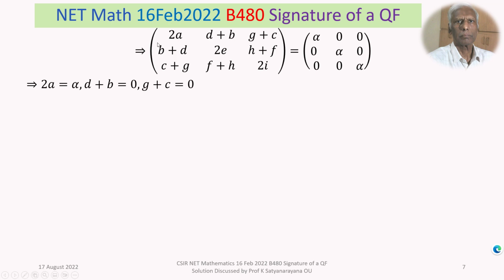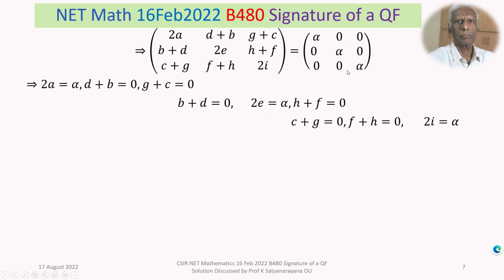So this will imply 2a is equal to alpha, d plus b is equal to 0, g plus c is equal to 0. That is first equating the entries of the first row. Second row: b plus d is equal to 0, 2e is equal to alpha, h plus f is equal to 0. Third row: c plus g is equal to 0, f plus h is equal to 0, 2i is equal to alpha.